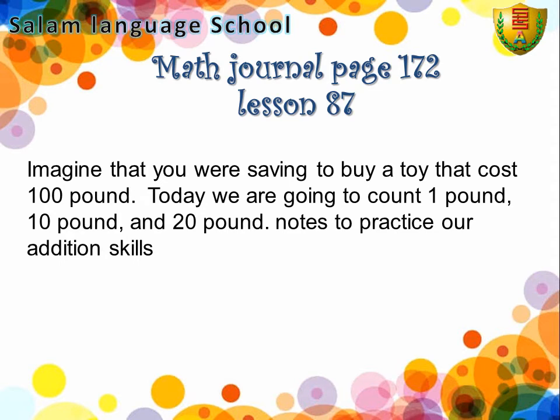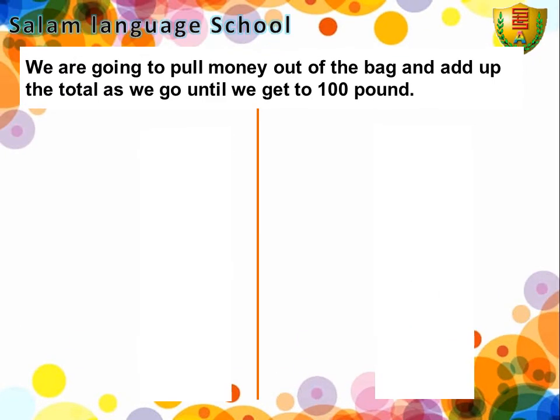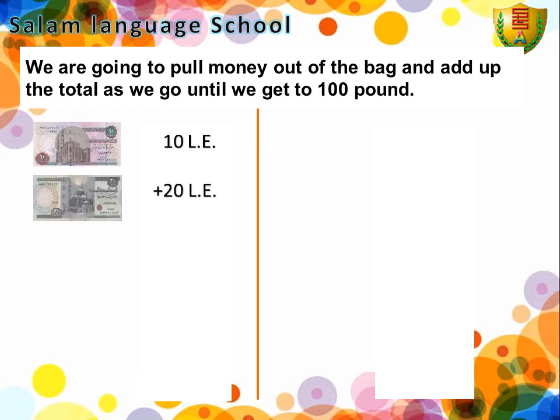Imagine that you were saving to buy a toy that cost £100. Today we are going to count £1, £10, and £20 notes to practice our addition skills. We are going to pull money out of the bag and add up the total as we go until we get to 100. 10 plus 20 equals 30.